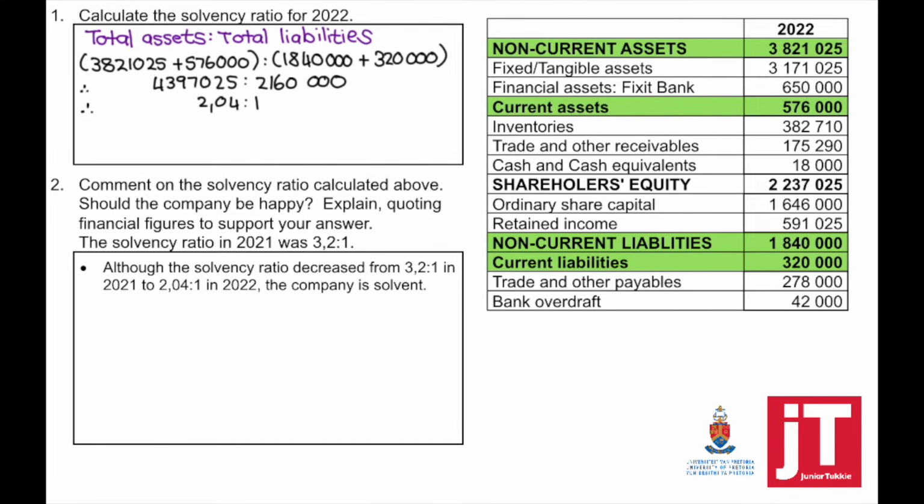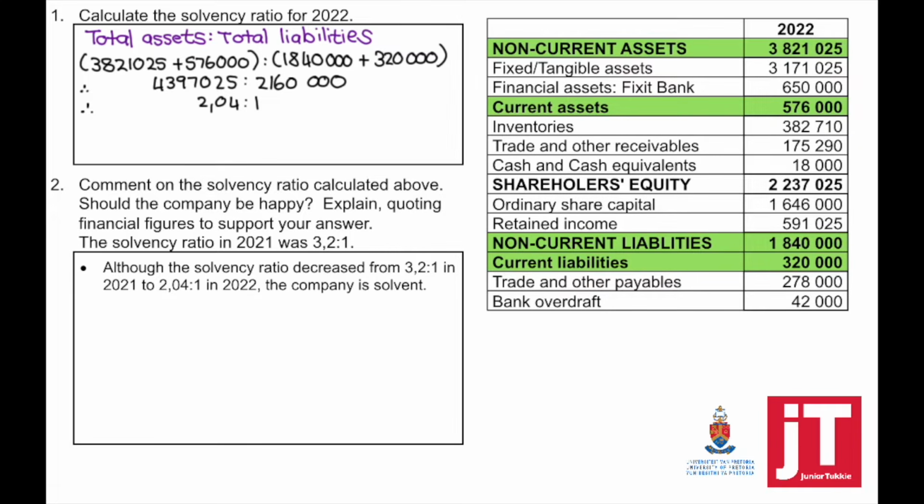When we're commenting now, we have to compare last year with this year. So although the solvency has decreased, you can see that it's decreased from 3,2 to 1 in 2021 to 2,04 to 1 in 2022. Although it decreased, the company is still solvent.